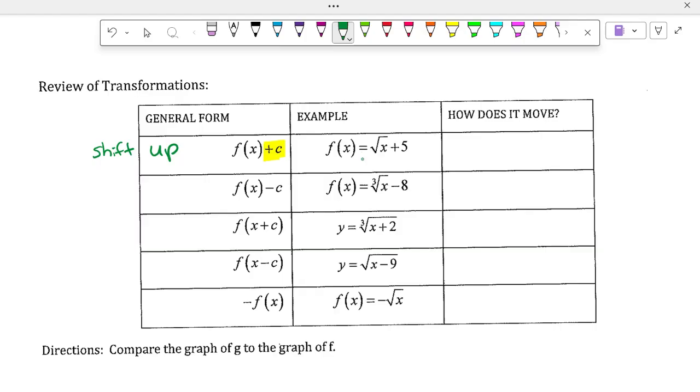So with this function right here, I'm adding 5 and it's not under the radical. So I call this outside the brackets, your bracket being your radical. What's it going to look like in comparison to the original function? It's going to be up 5 units.